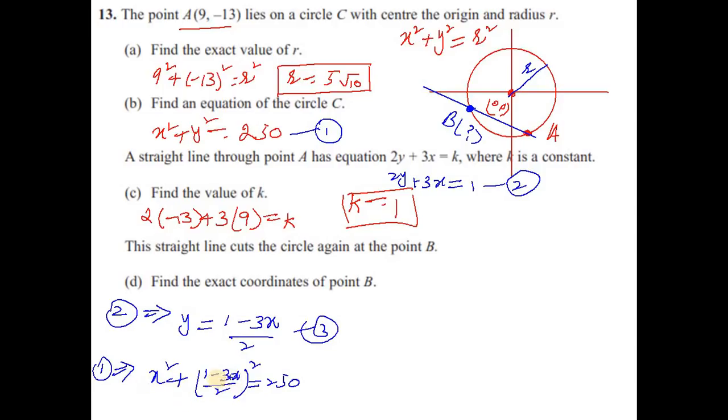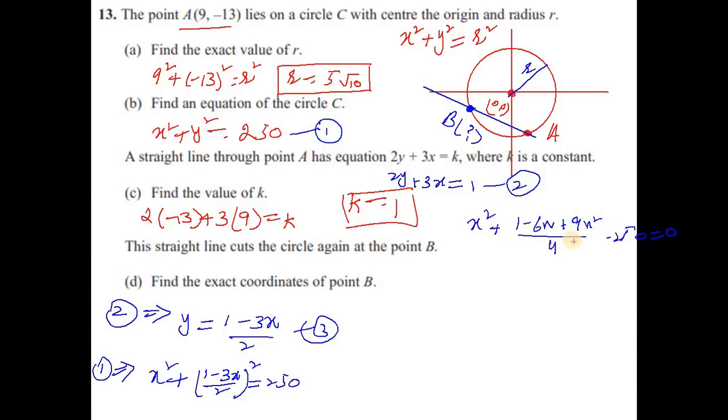Remember, don't forget to expand this using (a minus b) whole squared. So you have x squared plus (1 minus 6x plus 9x squared) divided by 4, minus 250 equal to 0.